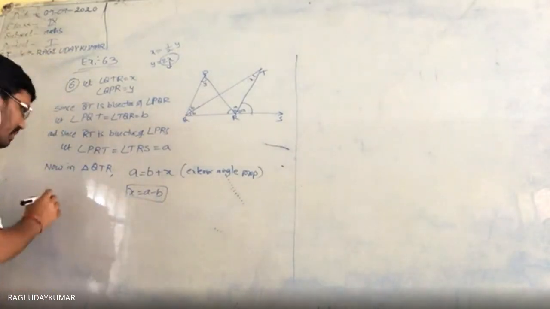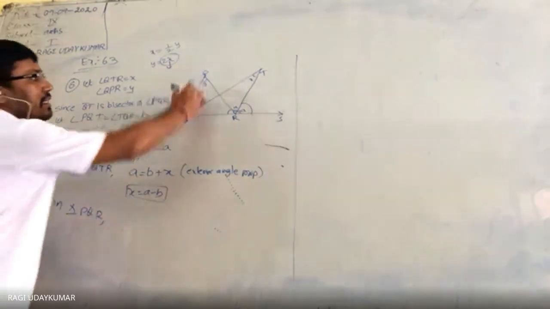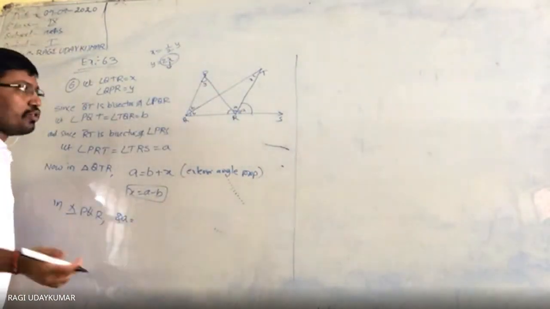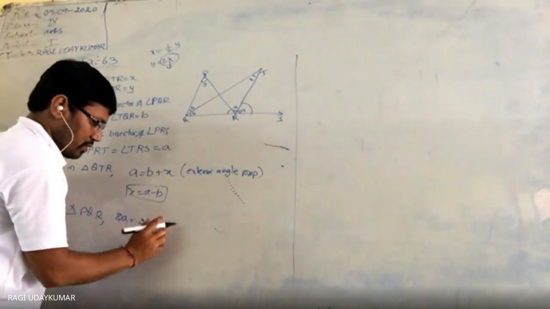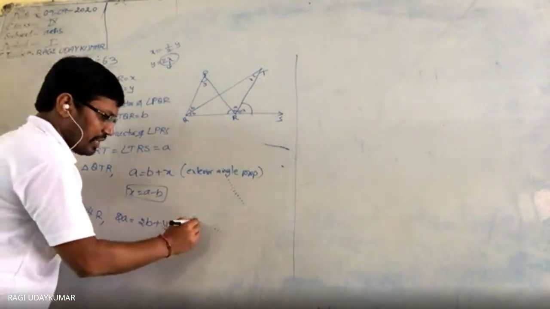You keep it that way. In triangle PQR, in this triangle, 2a exterior angle property. Same. 2a is equals to 2b plus y. So this is also exterior angle property.